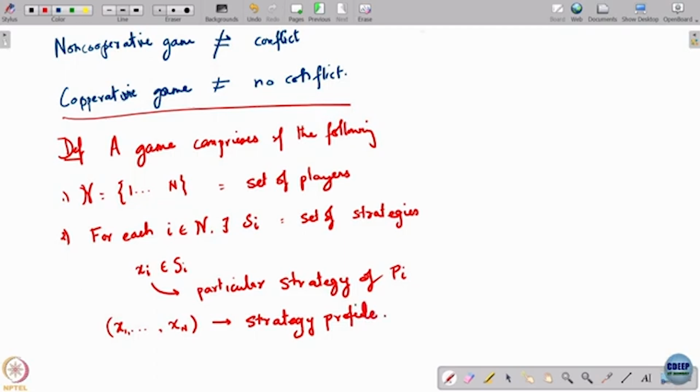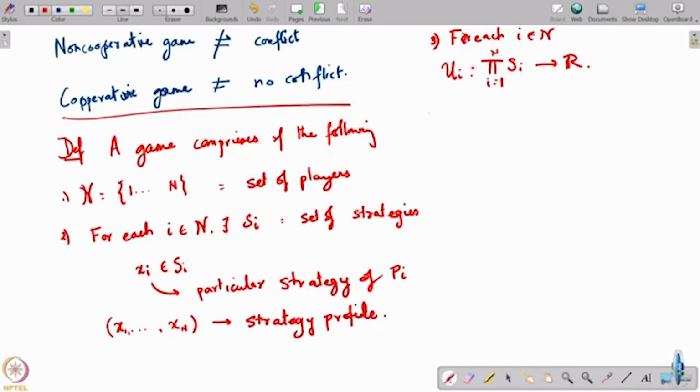So, 1, 2, now 3. So, for each player i, you have a function, let us call this function ui, that maps this product to R. So, ui maps the product of Sis to R. What is this?